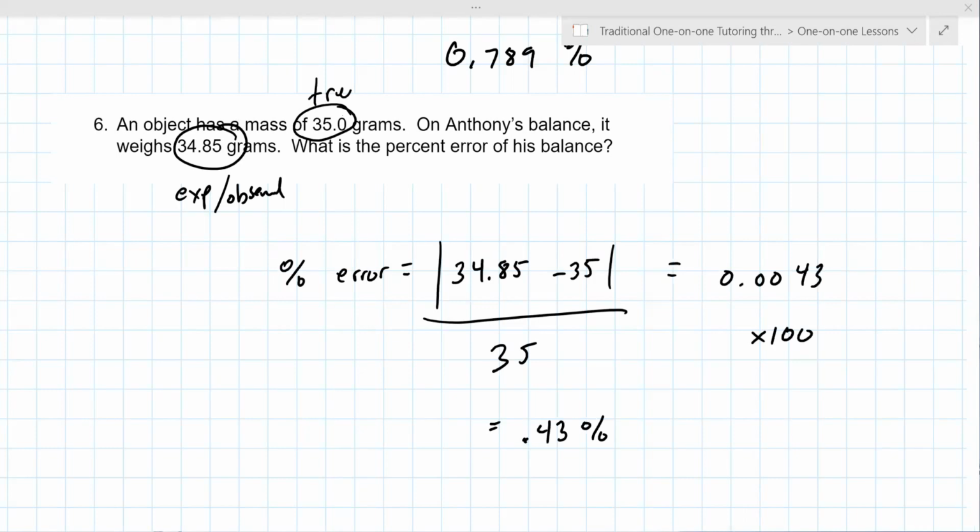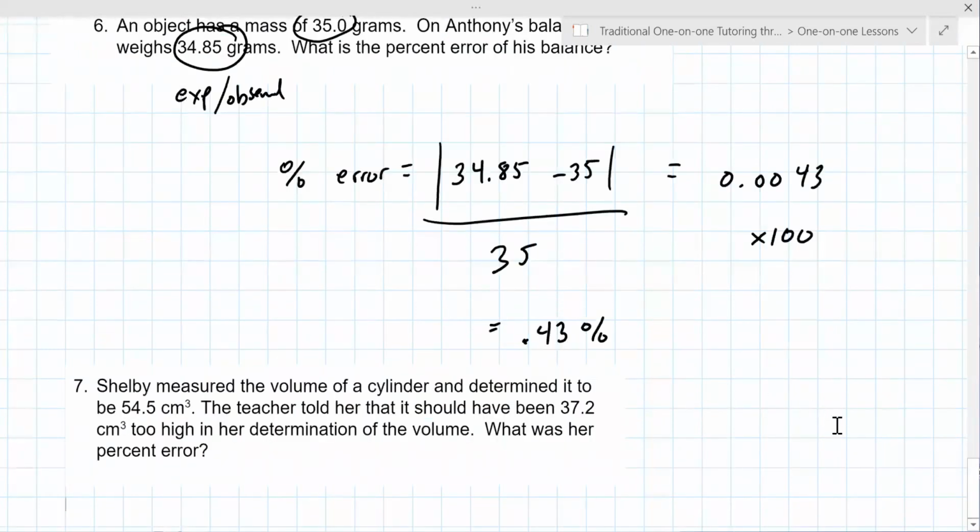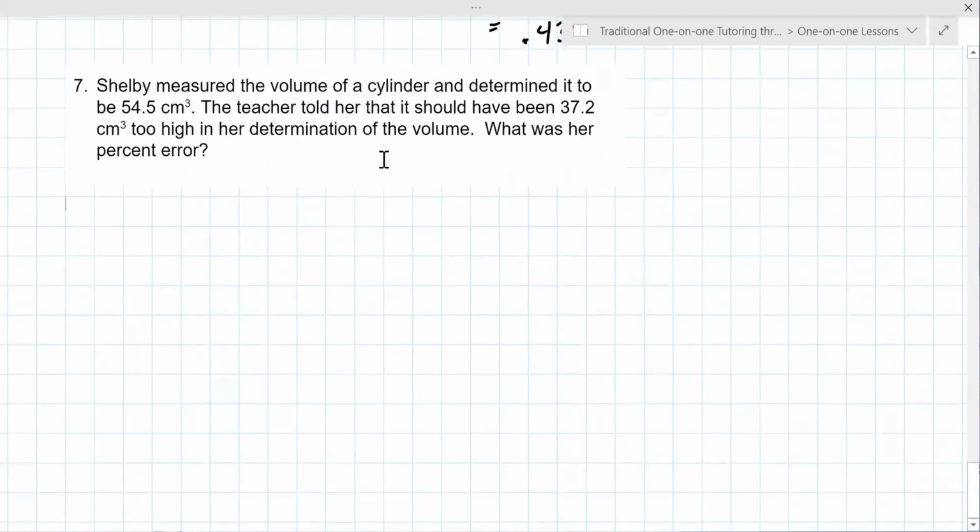On to number 7. Okay, so again here, this is the same type of problem. The teacher told her what it should have been. So that's whatever it should have been. That's the true value. This is the observed value. So she's pretty high off here. So it's 54.5 minus 37.2 over 37.2.